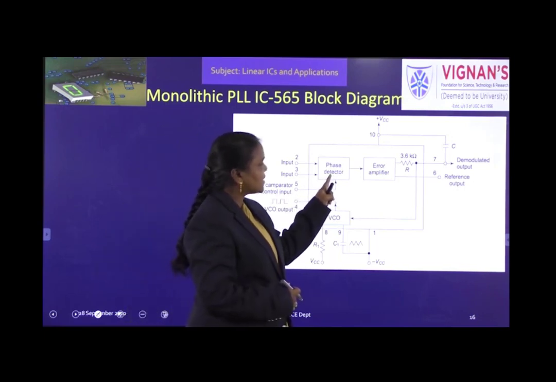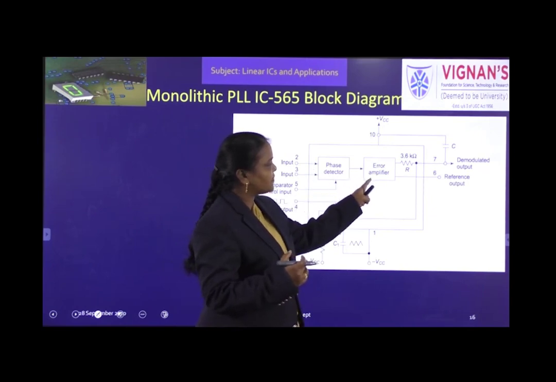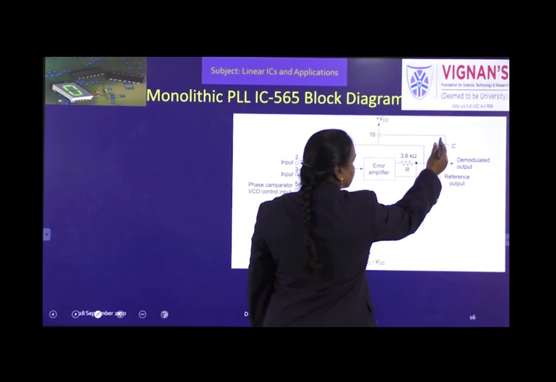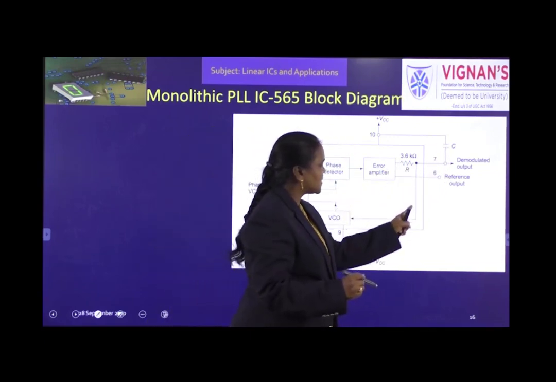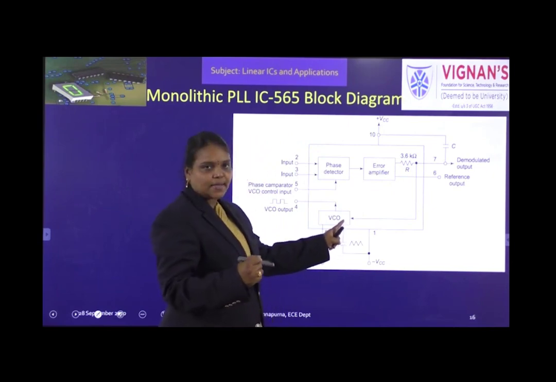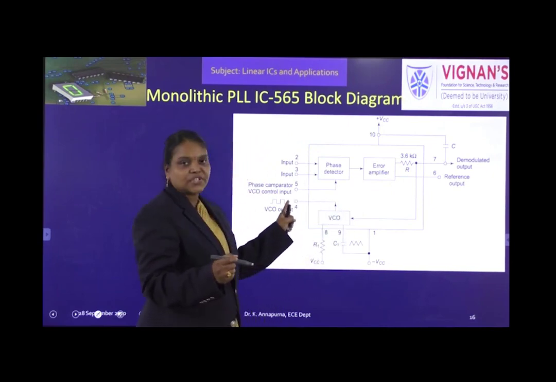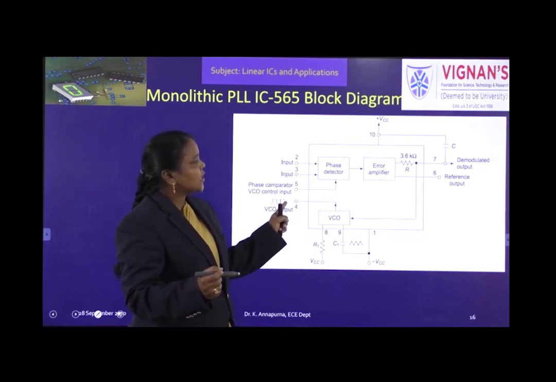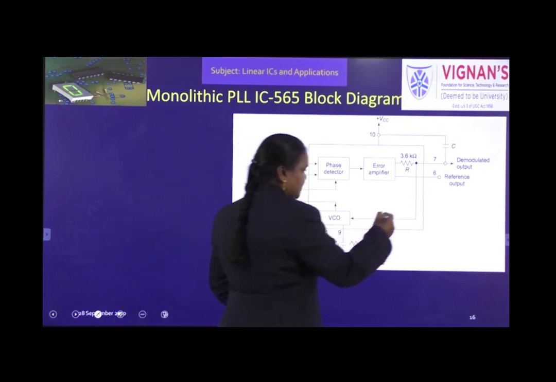As we have seen in the normal block diagram, first phase detector, next error amplifier, next low pass filter. Here this R and this C form the low pass filter, and the output of this low pass filter is given to the VCO as control signal, and the VCO signal is taken here, VCO outputs. And you know the cutoff frequency of the low pass filter is 1 by 2 pi RC.